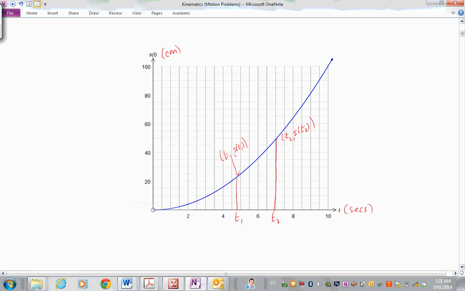Okay, so now the slope there of that chord, delta S on delta T would be S of T2 minus S of T1, that's the delta S step, and over here T2 take T1, delta T step.